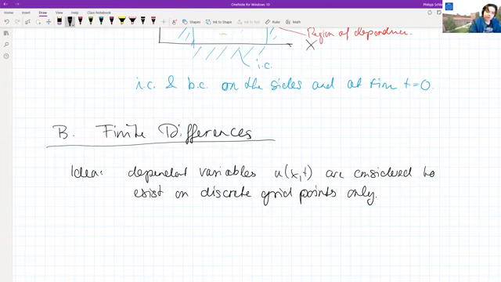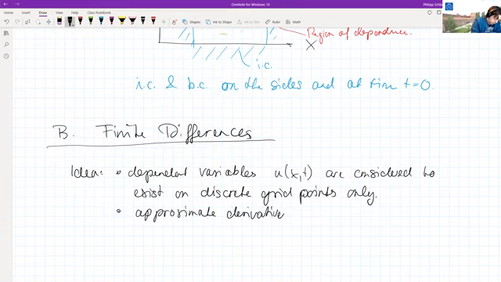So we go from a continuous space into a discrete space. And then the second step would be to approximate derivatives with differences.